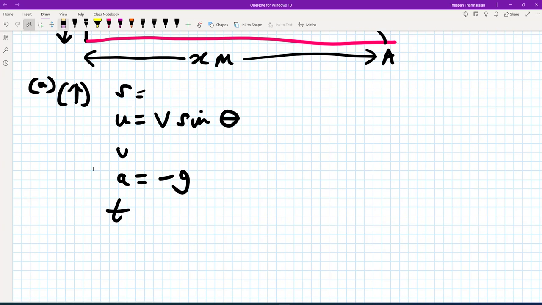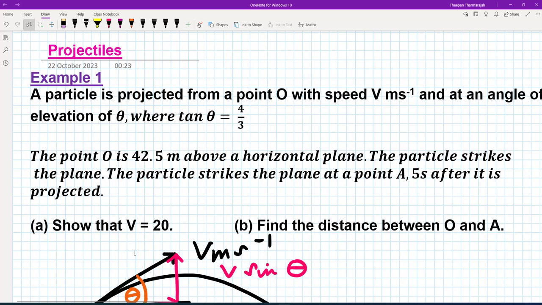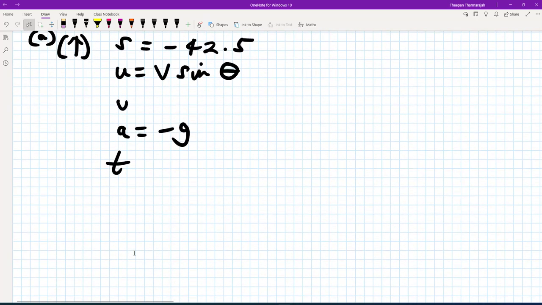So we write that as minus 42.5. Now, if we go back to the question, we also notice that it's 5 seconds, so t is 5.